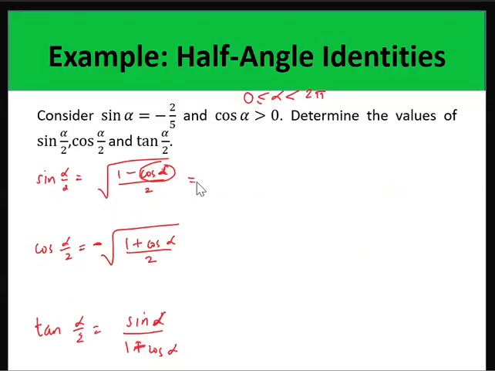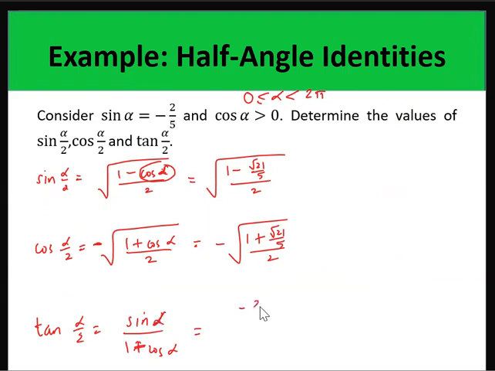So substituting that into this radical, we have 1 minus square root of 21 over 5, all over 2. This one will be negative square root of 1 plus square root of 21 over 5, over 2. And then for the tangent, we have sine of alpha, that's negative 2 over 5, all over 1 plus square root of 21 over 5.